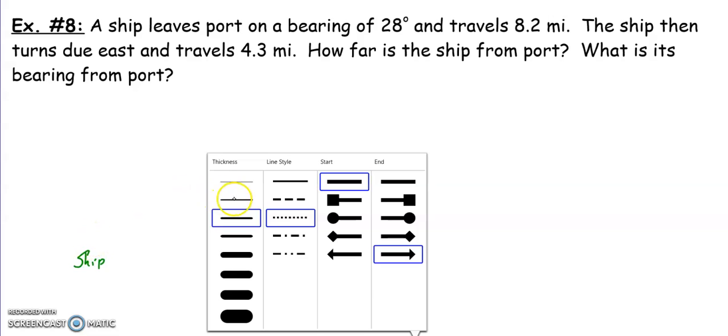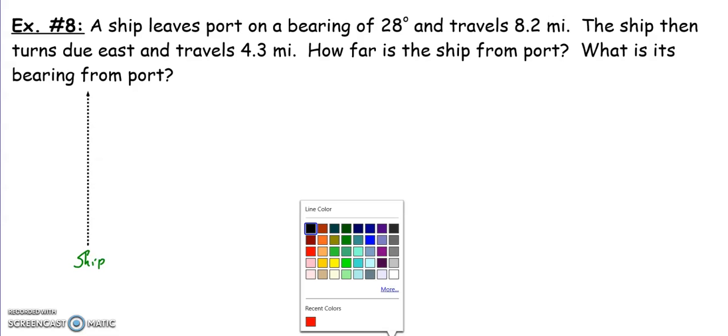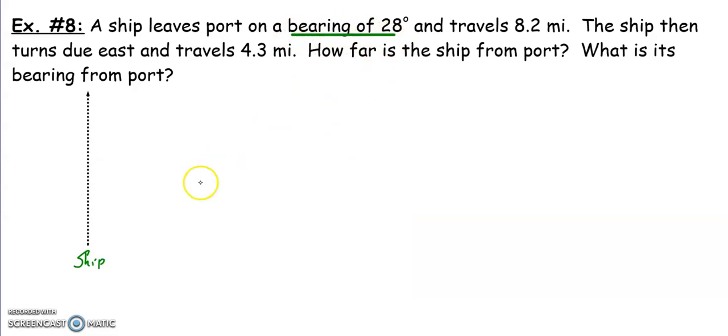So my ship is going to go from due north. We are traveling at a bearing of 28 degrees. Let's do it in this nice green. So a bearing of 28 degrees is going to be from north.